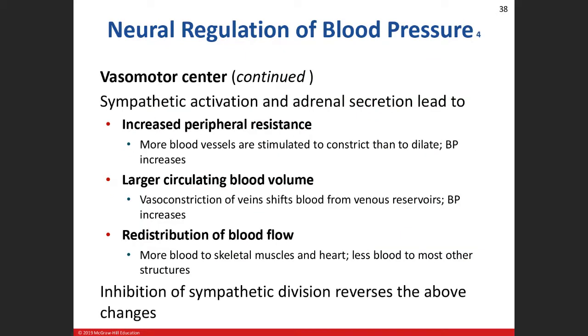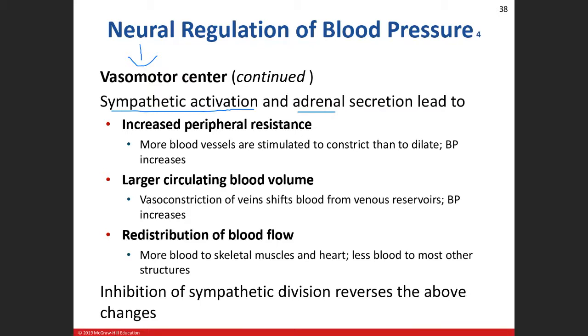Okay, so 3 things will happen with our vasomotor center. Okay, so we have our sympathetic activation, that's the neuron releasing the norepinephrine, and we have the adrenal gland that's going to be releasing epinephrine and norepinephrine onto the blood vessel here. So we'll get increased peripheral resistance. Well, I don't know what that means.